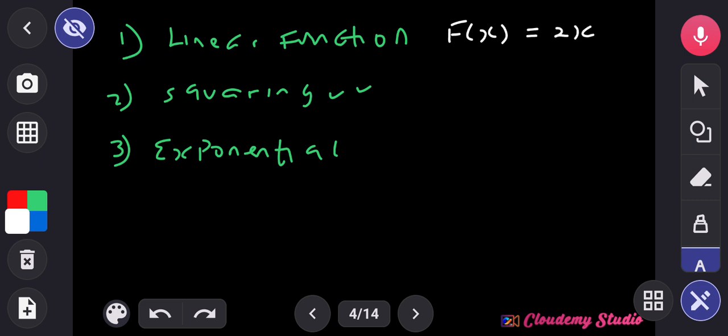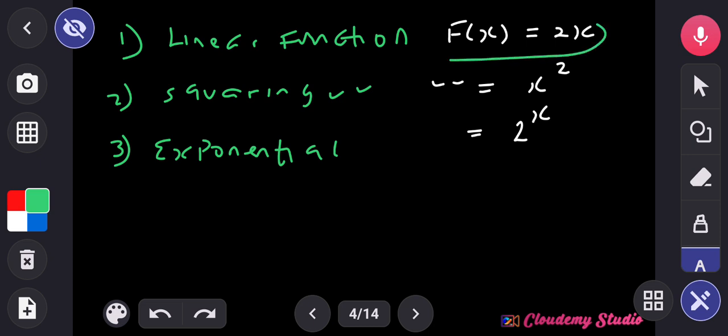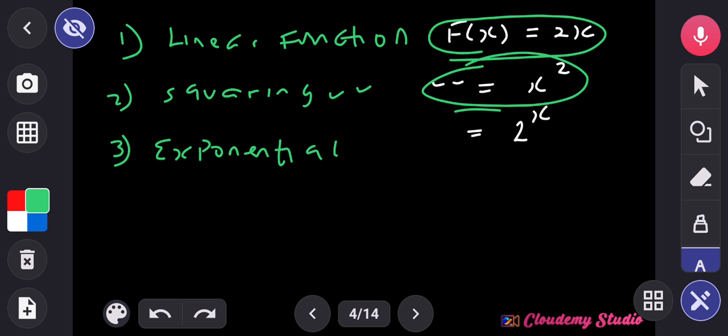The second one, we have f(x) equals x squared. And the third one is f(x) equals 2 to the power x. So this is a linear function, this is a squaring function, and this is an exponential function.